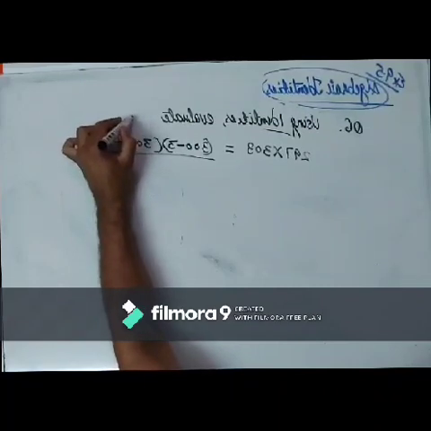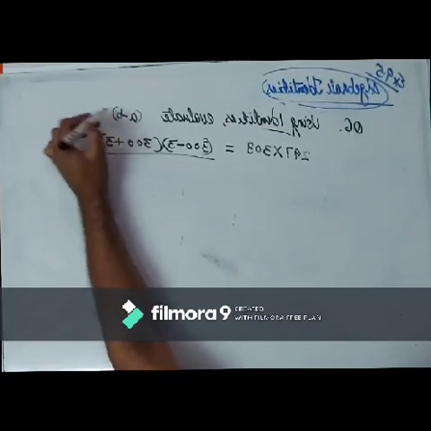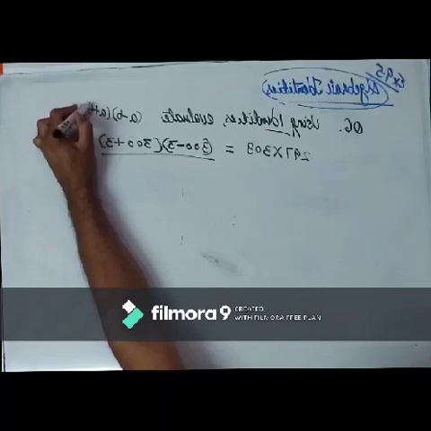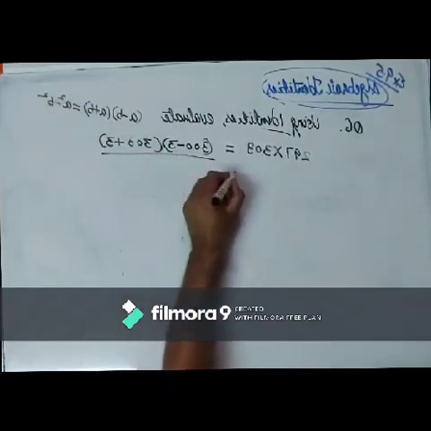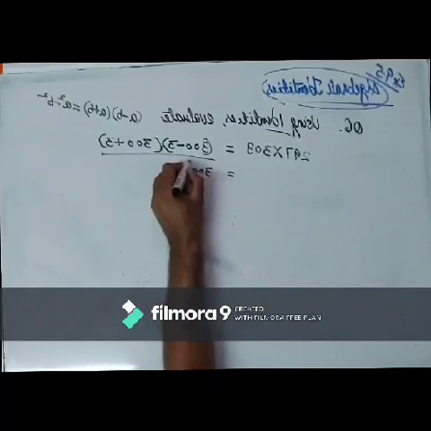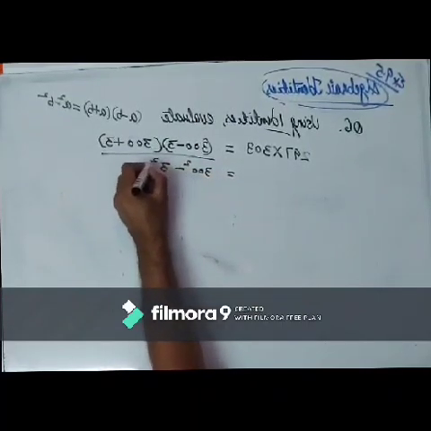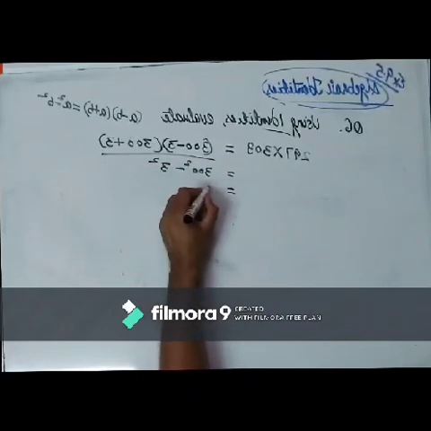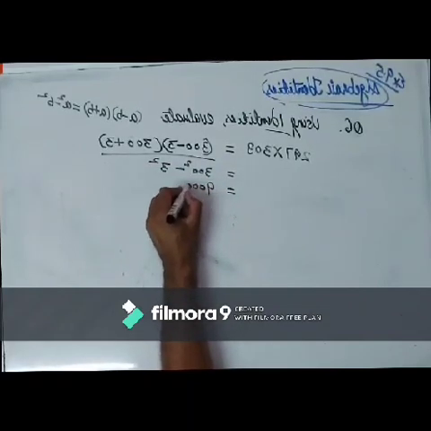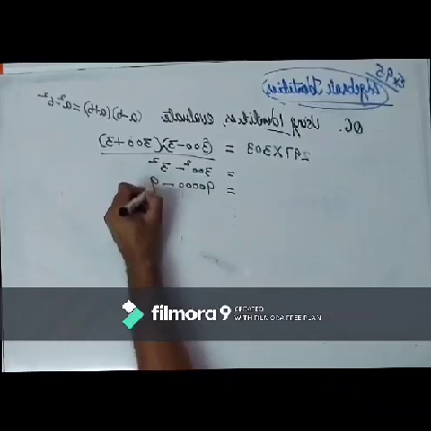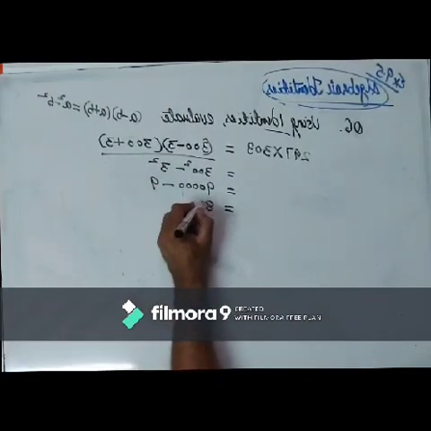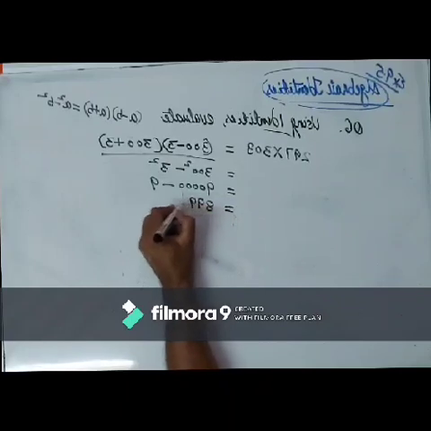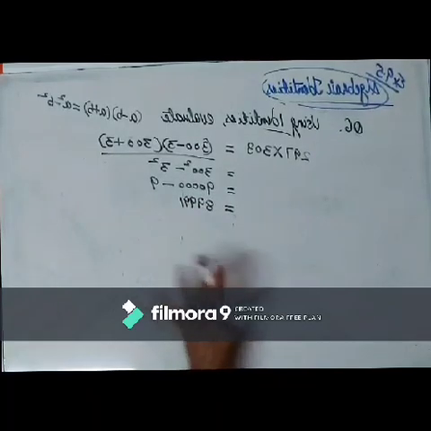This is a minus b into a plus b, which will give you a square minus b square. So finally you can take it as 300 whole square minus 3 square. Rewriting it, it is 90,000 minus 9. So 90,000 minus 9 is 89,991, isn't it? Easy.